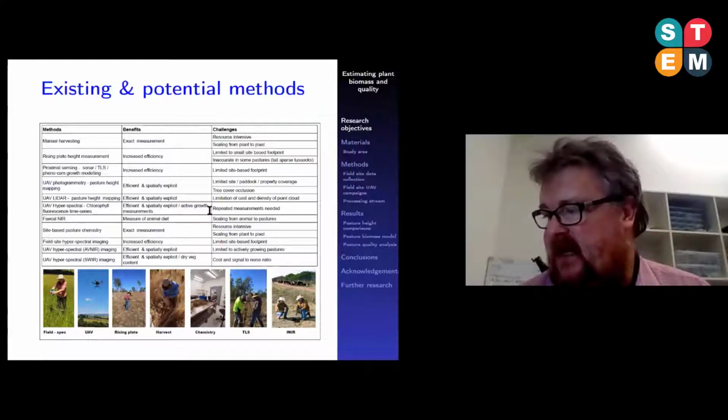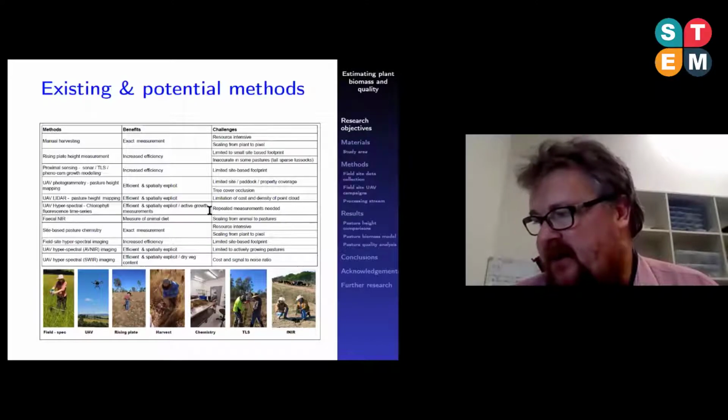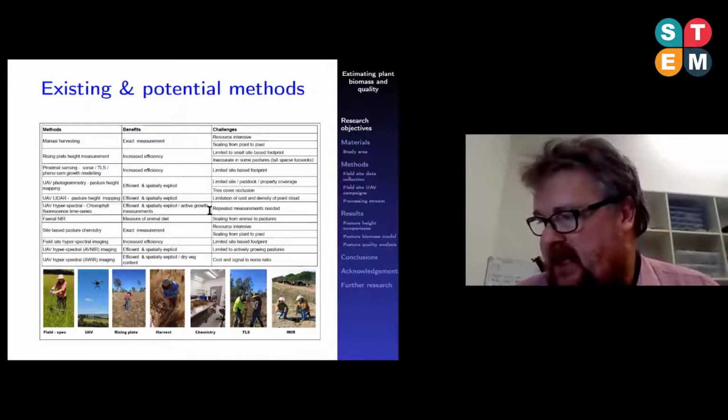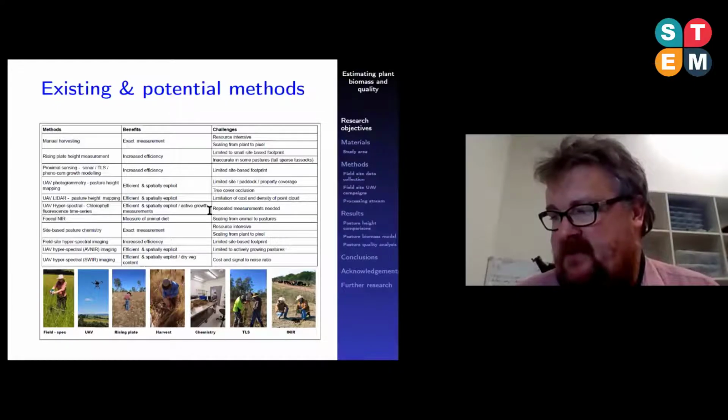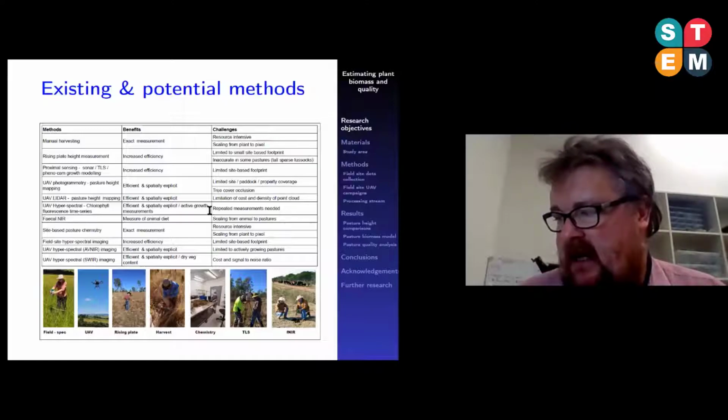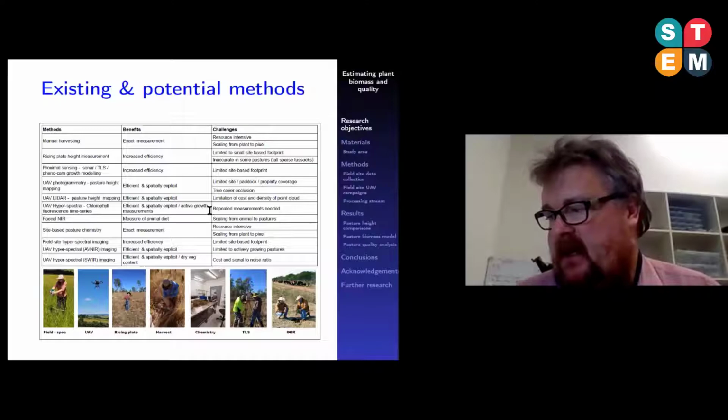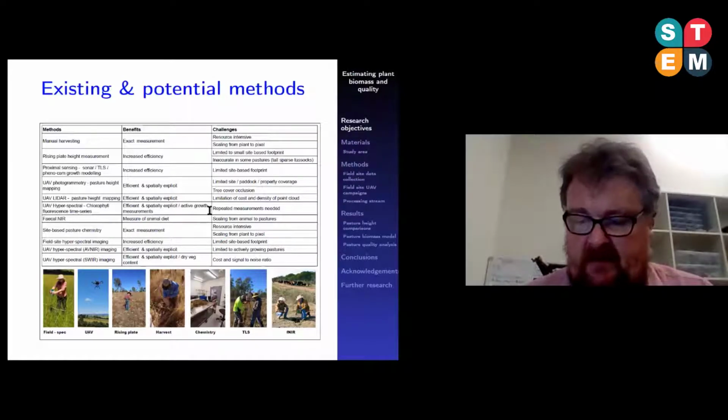Many existing methods are used across the rangelands, from exact precise measurements to inferred estimates, including manual harvesting, rising plate estimates of pasture height, proximal sensing, such as sonar, terrestrial laser scanning, phenological camera modelling, the UAV photogrammetry and LiDAR, hyperspectral time series estimates of plant fluorescence, fecal NIR sampling, and both field and UAV-based hyperspectral imaging, each having unique benefits and challenges.